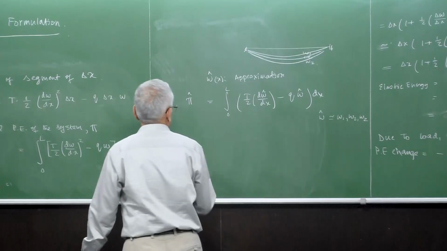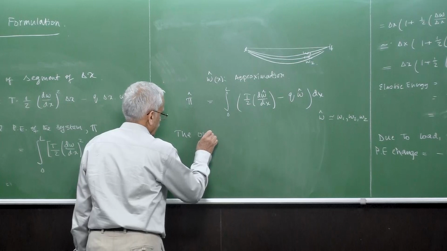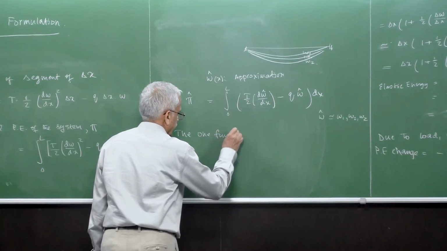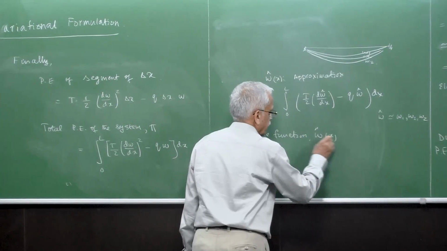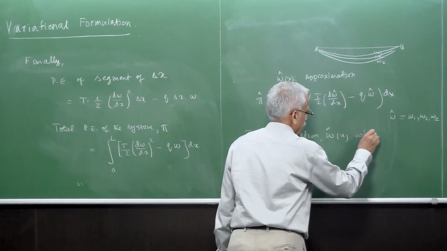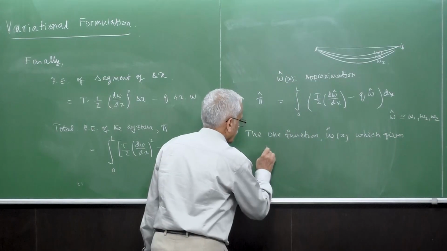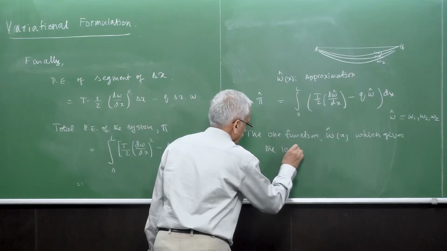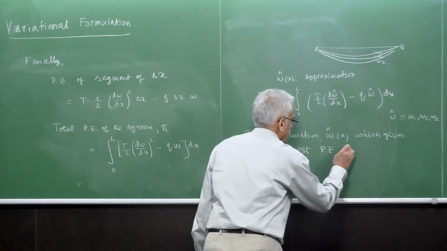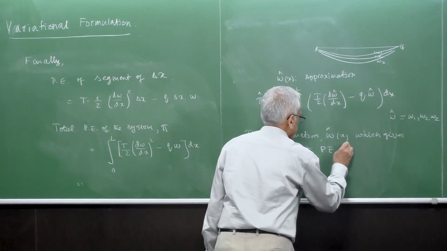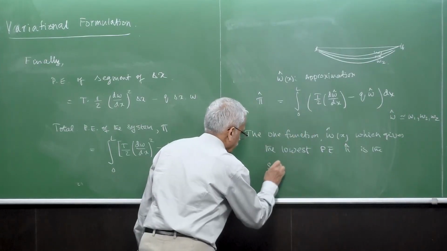So the function W hat which gives the lowest potential energy, W pi hat, is the solution of the problem.